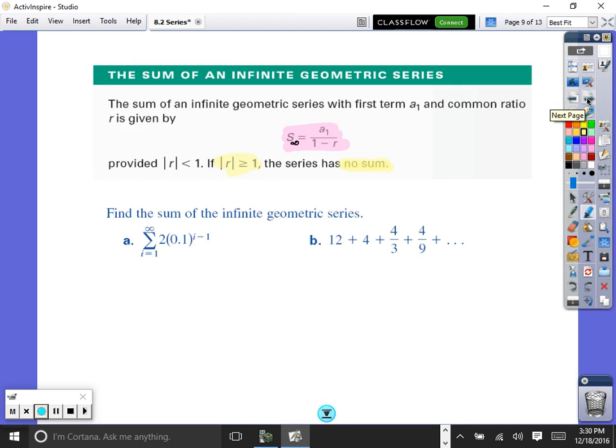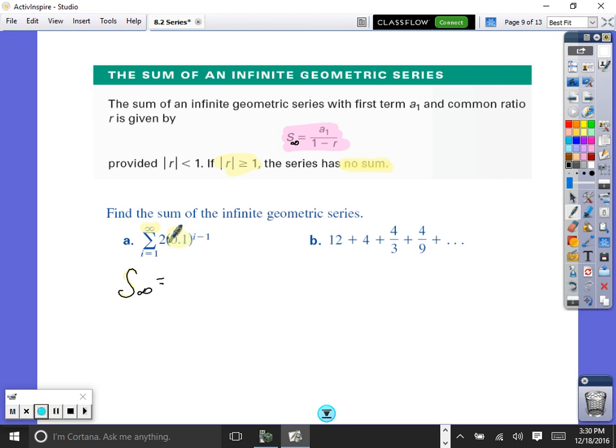So first, check your ratio. I see this is an infinite sum. Here's my ratio, 0.1. Is 0.1 a ratio of decay? Yes, it is. So I would be able to calculate my infinite sum. It would be the first term. When I put 1 in here, I get 0.